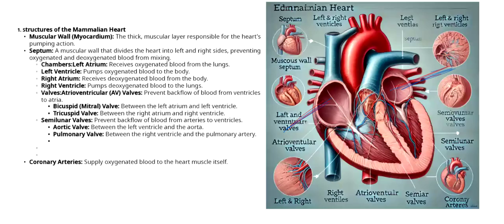The upper two are small, and the lower two are large, known as the ventricles. As you see, here is the right ventricle and the left ventricle, here is the left atrium, and here is the right atrium.